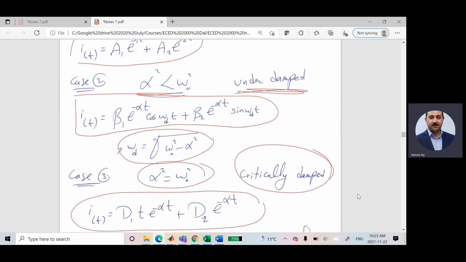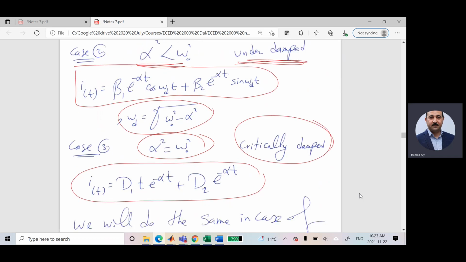So what I was talking about, the second case is, if alpha squared is less than omega naught squared, then i of t should be equal to beta 1 times e to the power negative alpha t times cosine omega d t plus beta 2 times e to the power negative alpha t times sine omega d t.